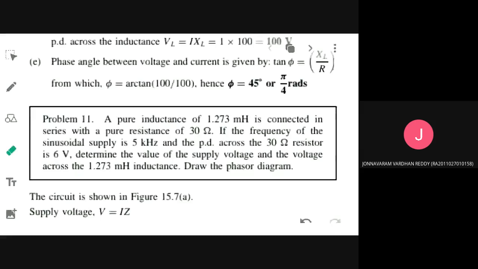Inductance, resistance, VR, frequency. Then you have to find out total voltage V and VL, and plus you have to draw the phasor diagram. This is again the series RL or series RC. Series RL, ma'am. What about the others in class?